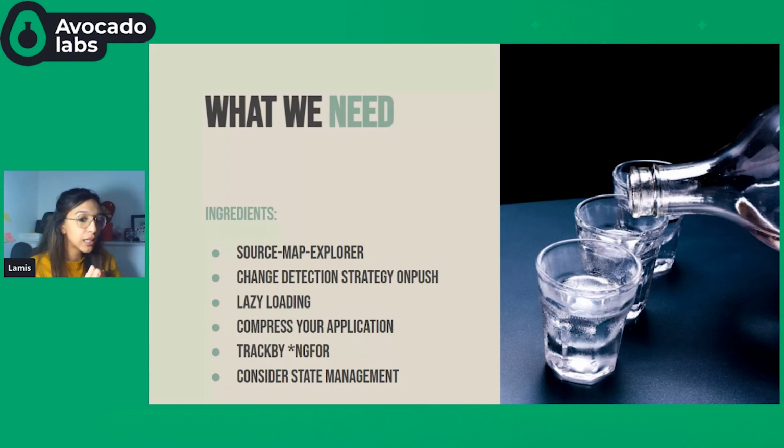The Source Map Explorer, I think I missed it, but it's a tool to analyze your bundle size. It has an HTML visualization, and you can see the cost or the size of each dependency in your bundle. If you have a dependency which is taking so much space, then you can study it, you can consider it.